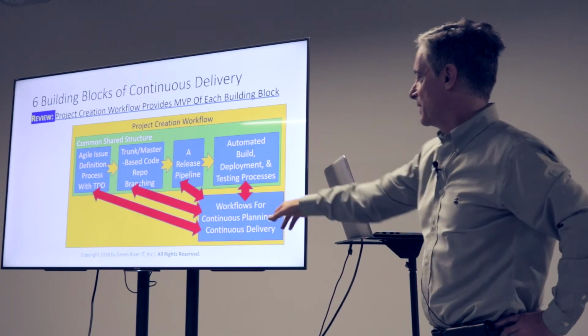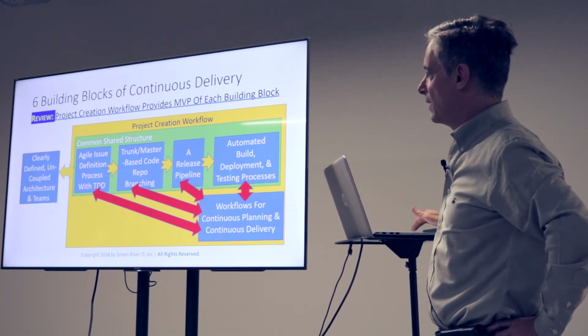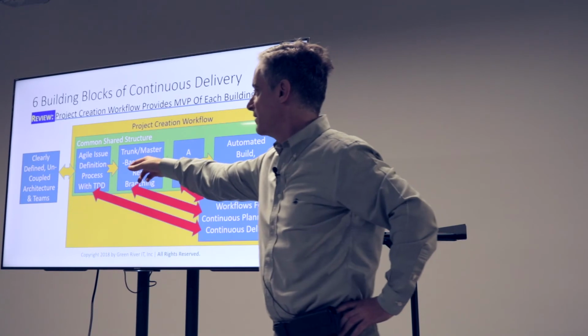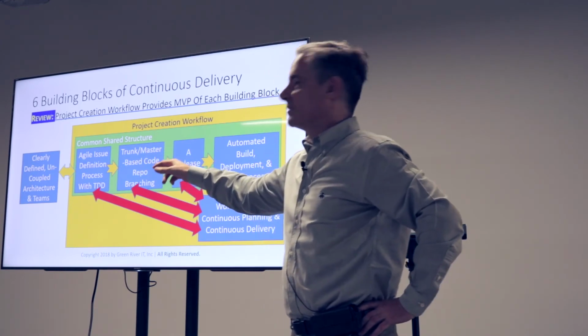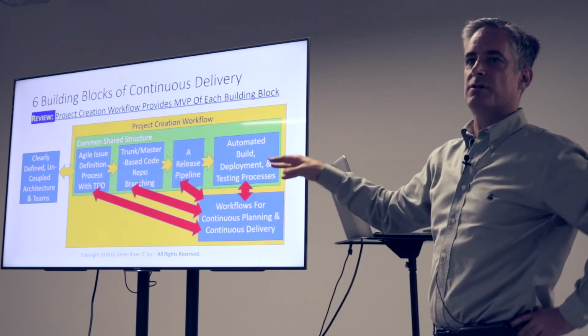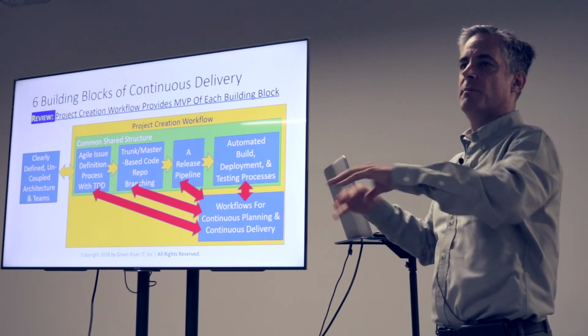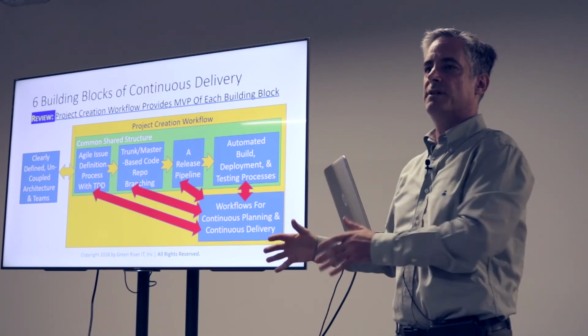They all connect with these workflows, and the result is a clearly defined, uncoupled architecture and team if we're putting it together. So I'm taking the same things I've showed you before, and I'm looking at them from a different angle.